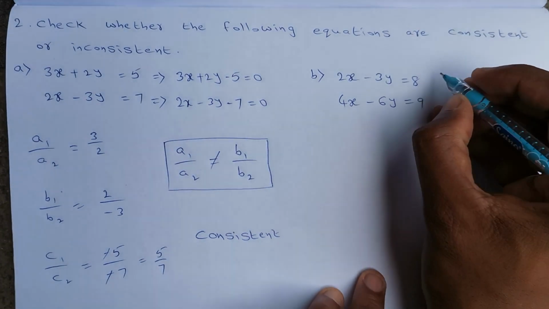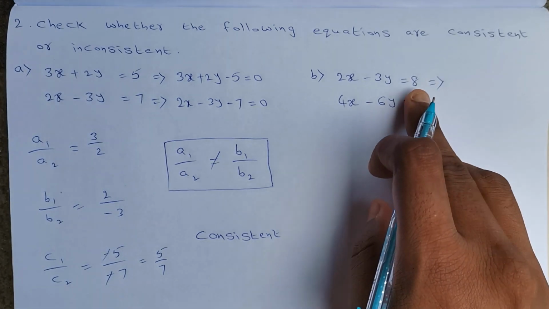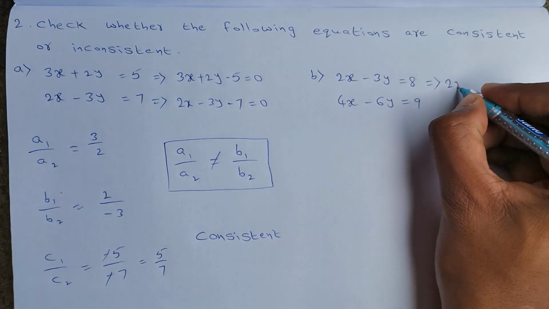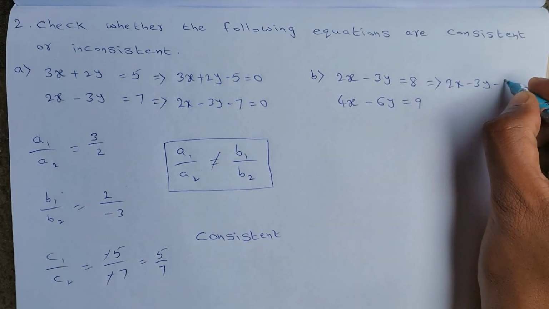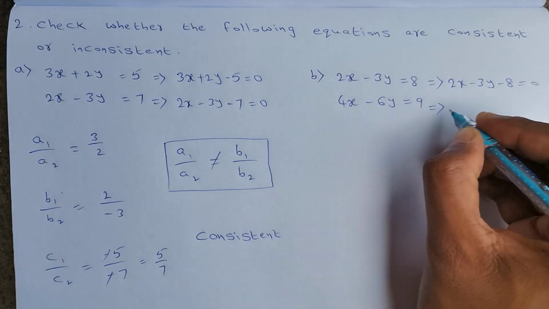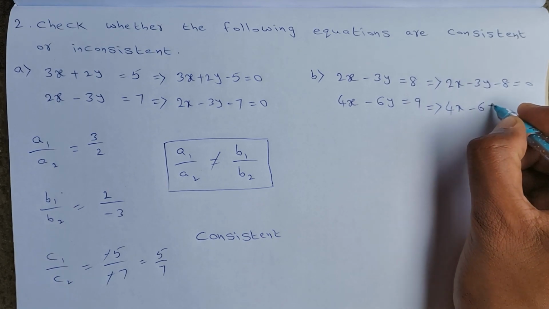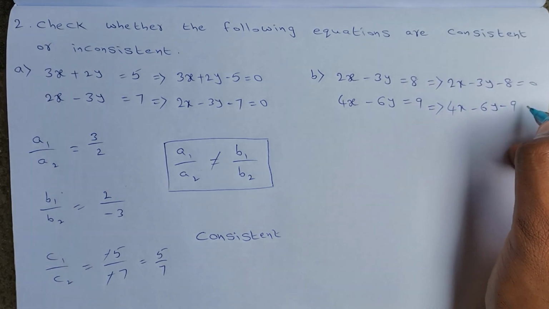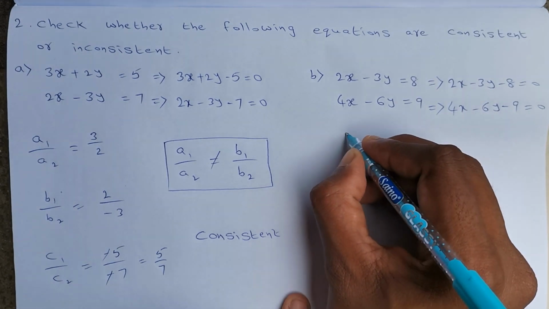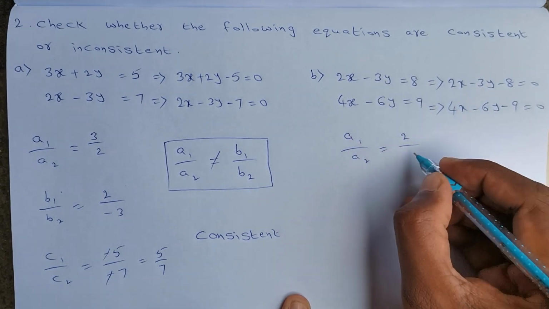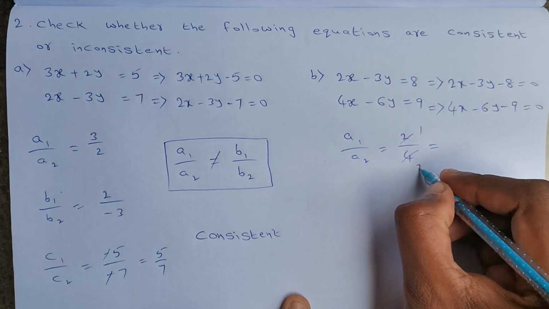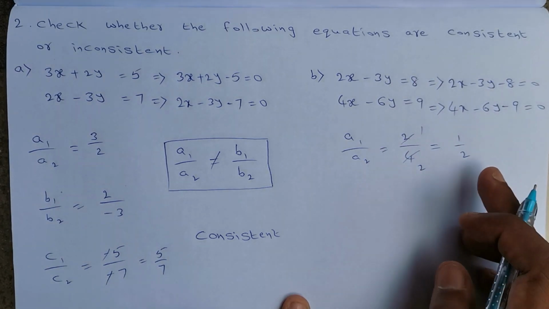Let's take the next question. Here also, first I am doing everything, I will take to the left side only. 2x minus 3y, here 8 is there, if I take it to the left side it will become minus 8 is equal to 0. Here 4x minus 6y plus 9, if we take it to the other side it will become minus 9 is equal to 0. Now let us compare. a1 by a2, 2 by 4, 2 1s are 2, 2 2s are 4, so a1 by a2 value is half.